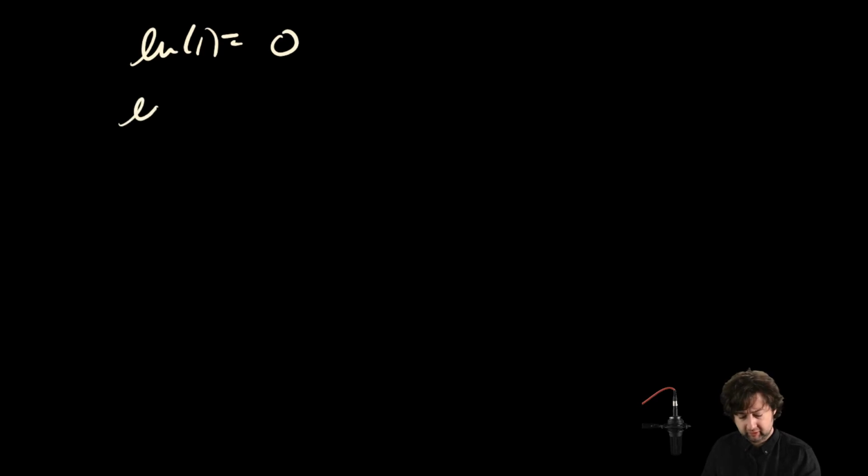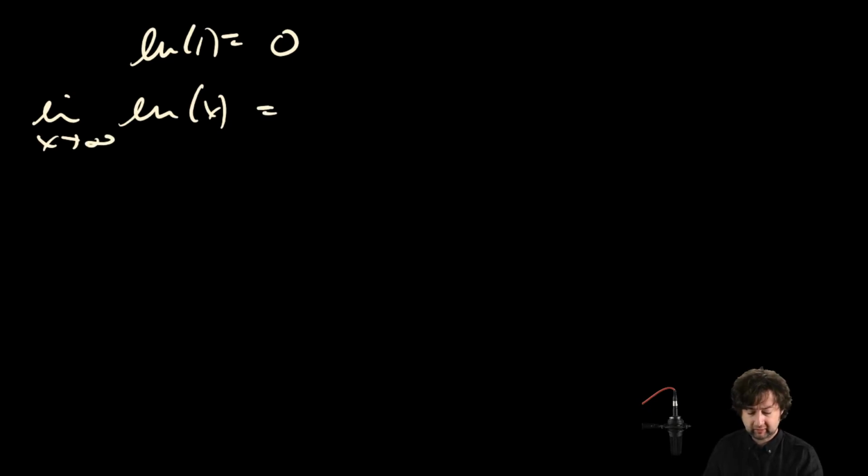What do we know about natural log now? We know that the natural log of 1 is 0. We know that the natural log of x, if I run off to infinity, I get infinity. The reason is because I keep adding area. I know that if I run off to 0 and I stick strictly to the right of the asymptote, I get minus infinity.